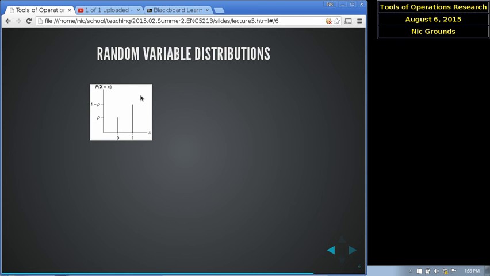Depending on your selection of P, you'll either get a higher probability for 0 and lower for 1, or vice versa. But it's a pretty simple distribution because there's only two outcomes, and there's only one parameter, P. You'll always have the same two outcomes, 0 and 1, and all you need to know is the probability of the 0, which implies what the probability of getting a 1 is. So that's a Bernoulli distribution.